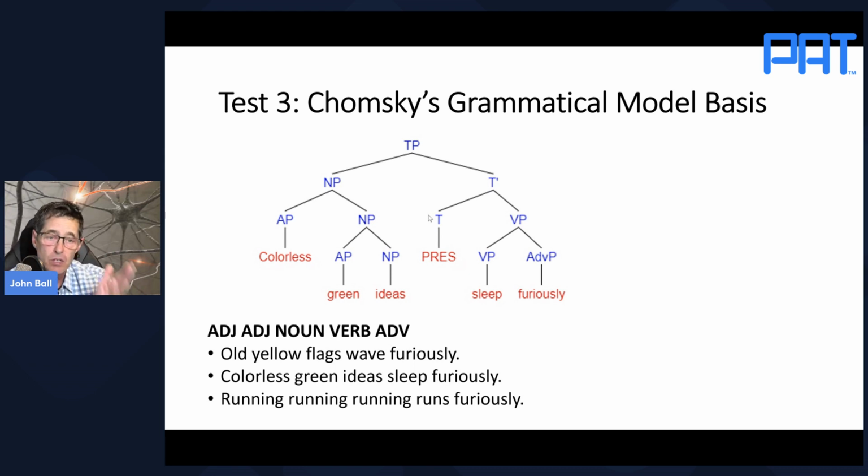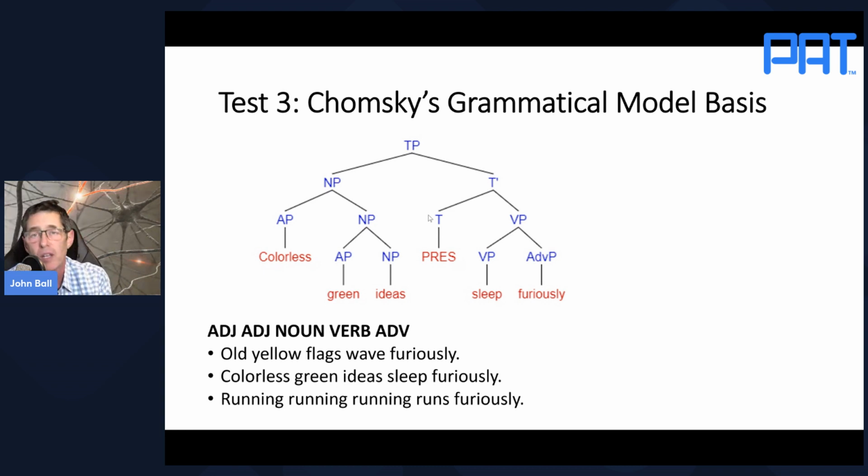But we can substitute adjectives and nouns in this next sentence, which is the famous Chomskyan one: colorless green ideas sleep furiously. And that sentence, while it looks grammatical, is not using what are called selectional restrictions. So predicates determine arguments. The selectional restriction says this predicate allows this type of argument.